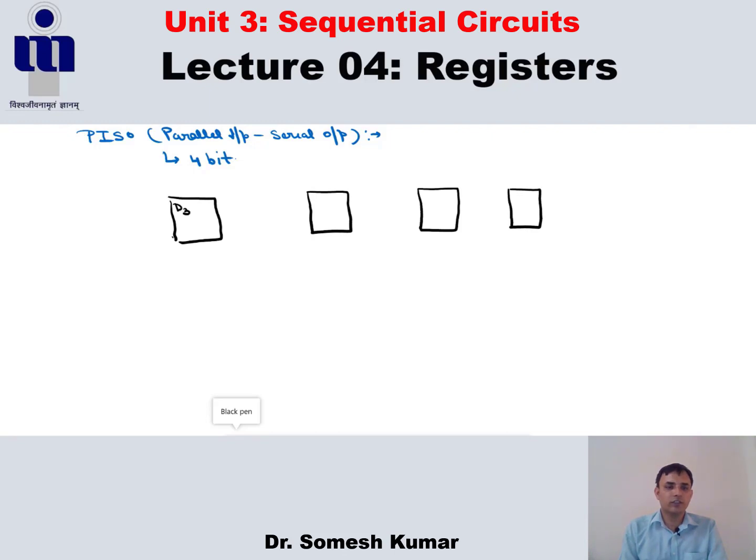So this is D3, Q3, Q3 bar, this is D2, Q2, Q2 bar, this is D1, Q1, Q1 bar, this is D0, Q0, Q0 bar. This is the parallel input, first input, second input, third input, fourth input, similar to the PIPO, and this is our clock pulse to the PISO.